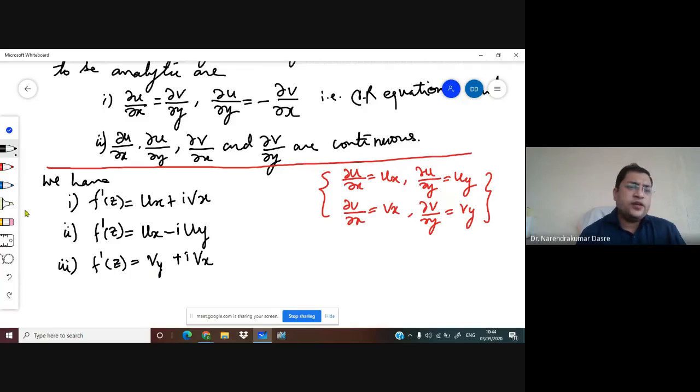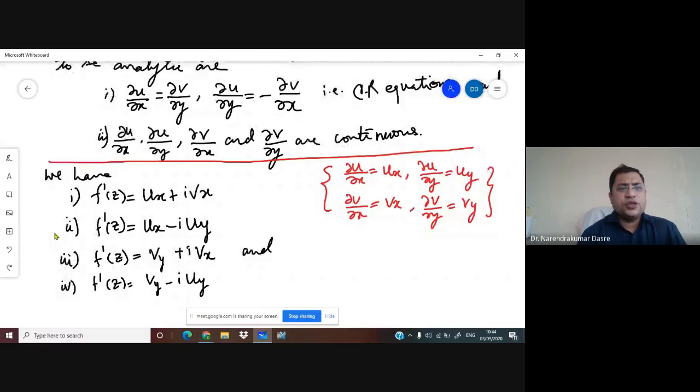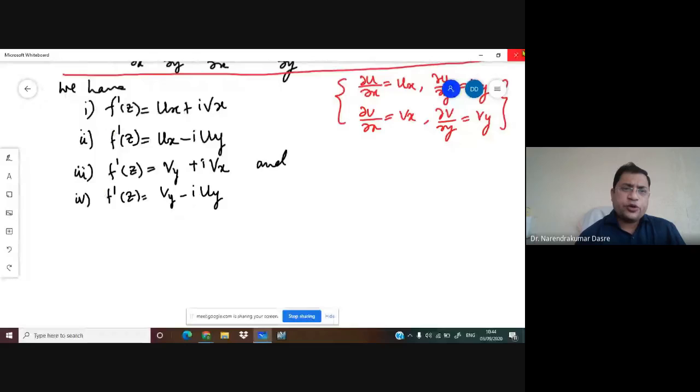If I want to find it in terms of y only, it will be vy minus i uy. So these are the different ways to get the derivative of the function.